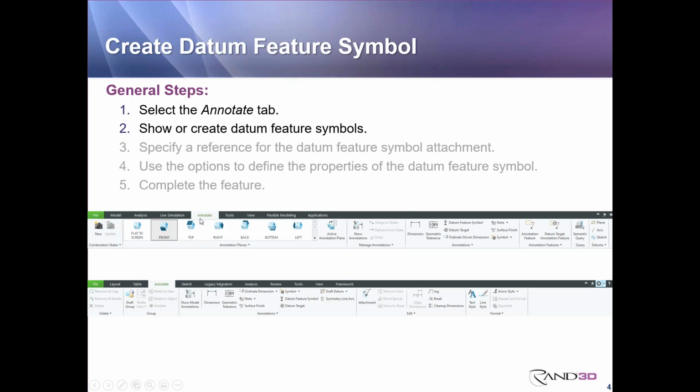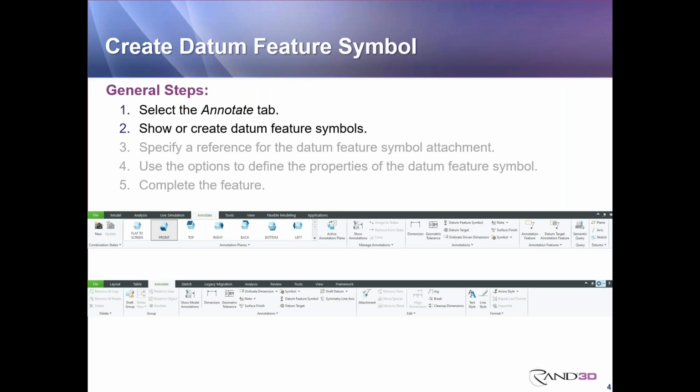You can see this in part mode and assembly mode, the first upper image, the ribbon image. Below that, we can see the Annotate tab when we're in the Creo Parametric 7 drawing environment, the detailing environment. In both environments, you have an annotations group whereby you can select the datum feature symbol tool. I'll speak more on that as we continue.